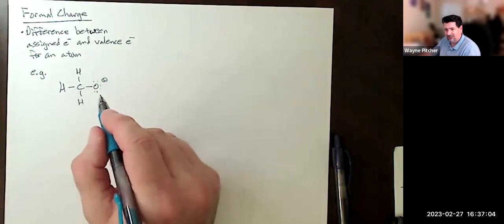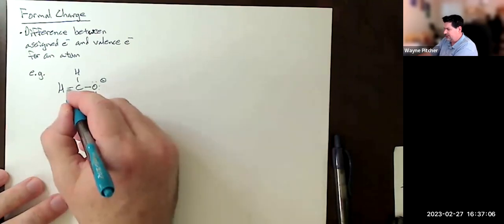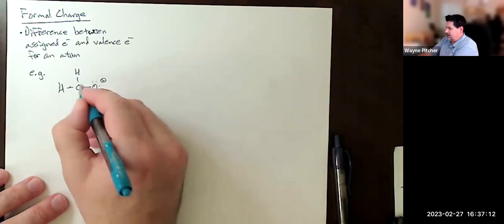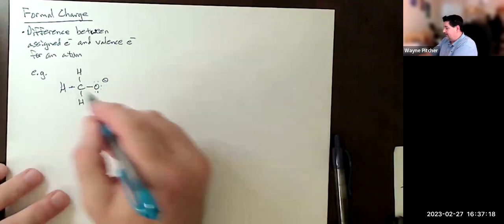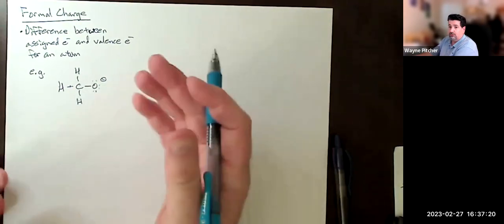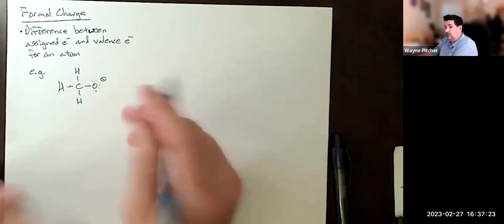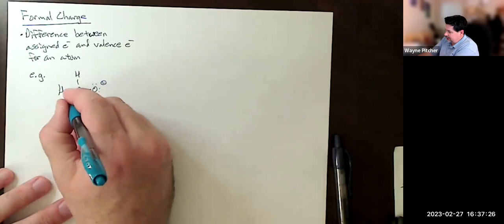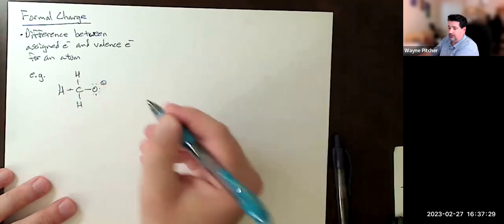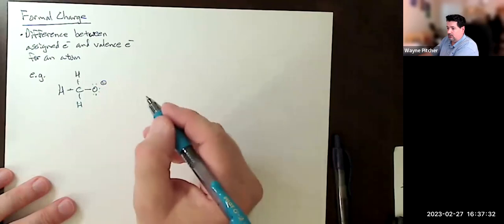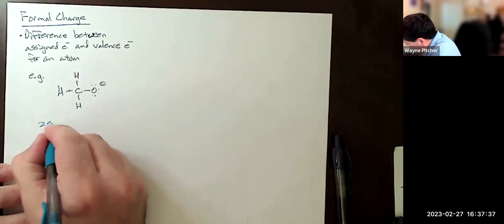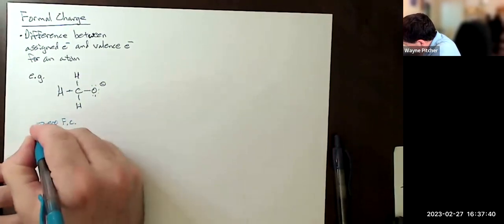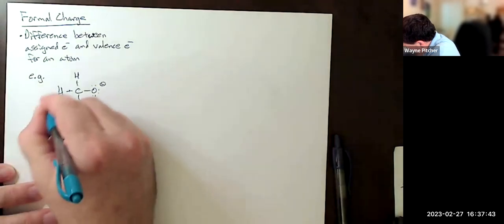Even though they're polar covalent most of the time, we're still going to say that let's arbitrarily assign one electron to hydrogen and then one electron from that bond to carbon. So you would simply count the number of bonds that are attached to an element, and that gives you the number of electrons assigned to it. You also have to include lone pairs. So each hydrogen has one electron. Now, normally a hydrogen has one valence electron. So these hydrogens all have 0 formal charge.